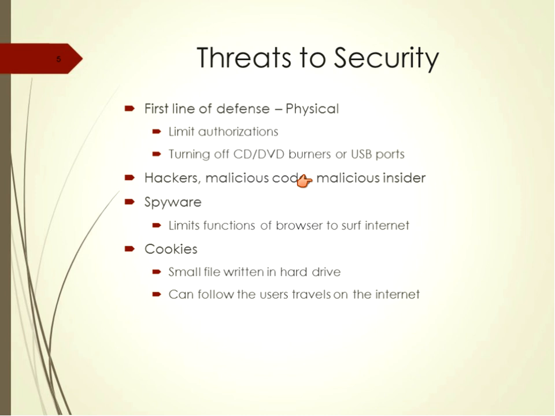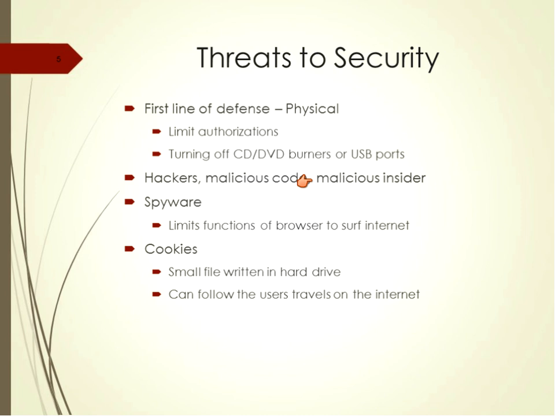Downloaded files, including email attachments, are the most common way viruses and other malicious codes enter a computer network. Network security policies typically prohibit employees from using personal CDs, DVDs, and USB drives, thereby preventing the transfer of malicious code from a personal computer to a network.